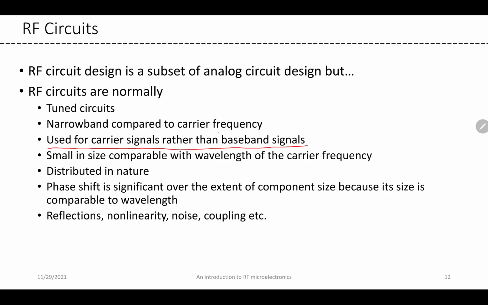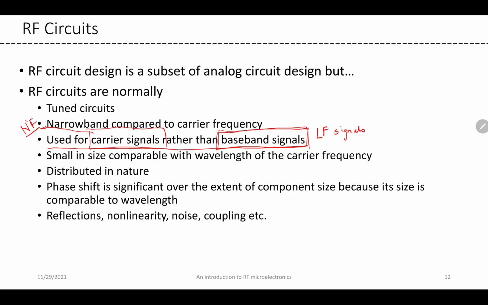The analog circuits work on baseband signals, which, as I mentioned, are low frequency signals. But the RF circuits, which we'll talk about, work with carrier signals, which are high frequency signals. So this is one key distinguishing factor between analog circuit design and RF circuit design.